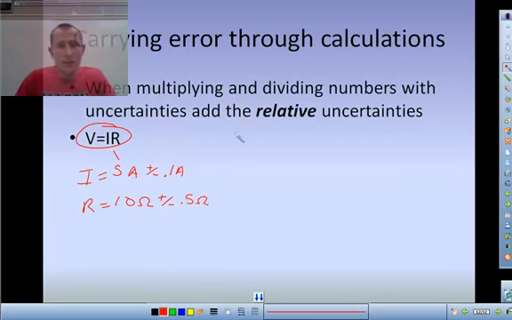the first thing we have to do is find the relative uncertainties. And so the percent uncertainty is going to be the absolute uncertainty over the actual value.